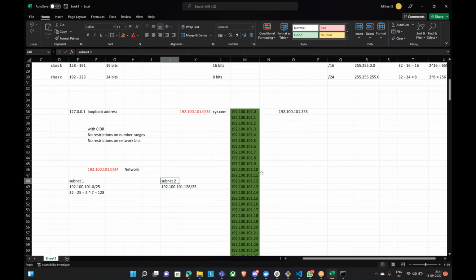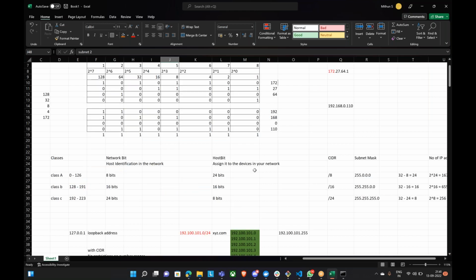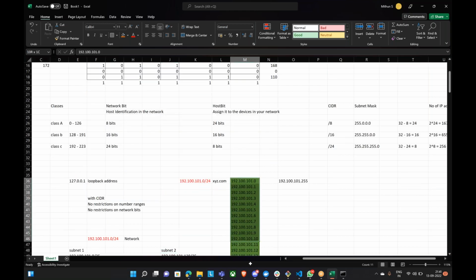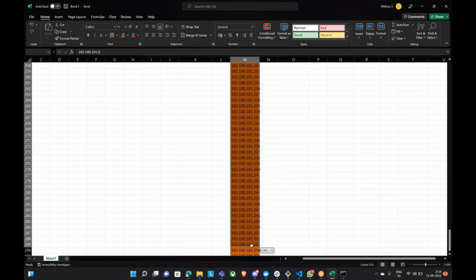Both now have 128 IP addresses. You can check for yourself. So how many are there? 128. Similarly, this one will also have 128 IP addresses. Clear?